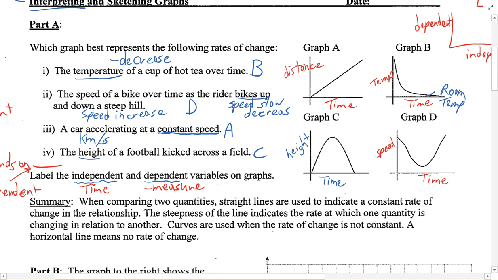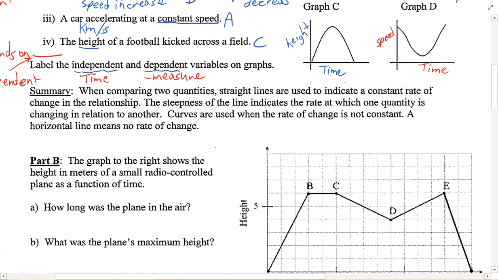Okay, so the height depends on time, the speed depends on time, the temperature depends on time, the distance depends on time. There we go. So when comparing two quantities, straight lines indicate a constant rate of change. The steepness of the line indicates the rate at which one quantity is changing in relation to another. Curves are used when the rate of change is not constant.